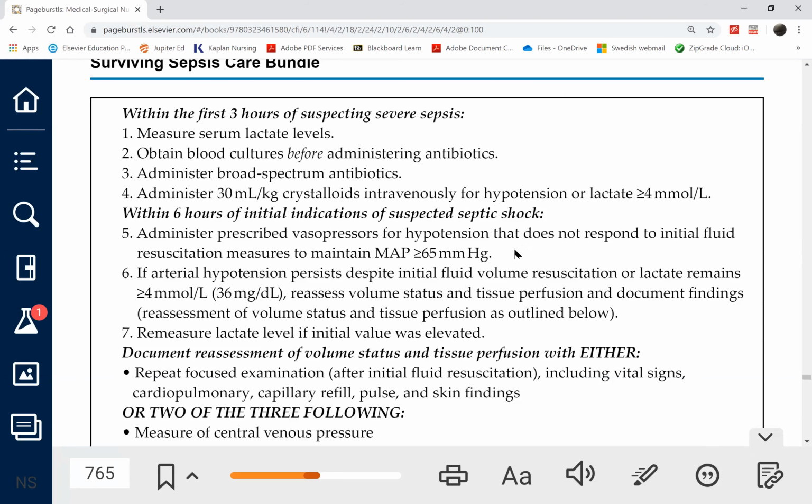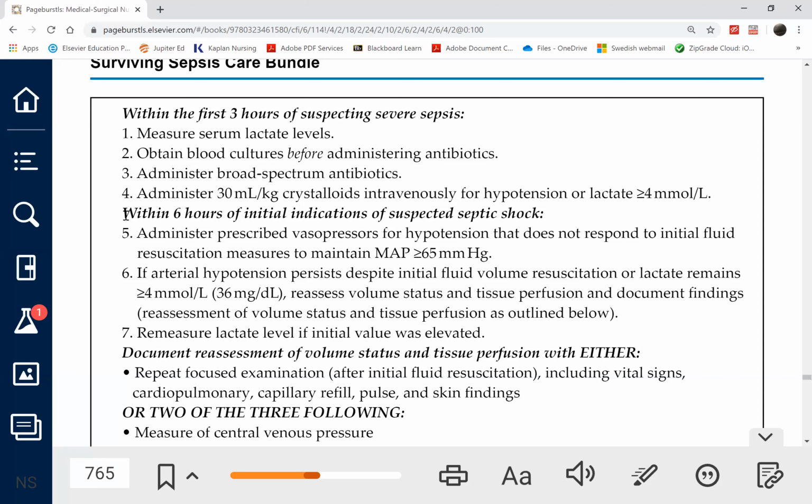What was the question, Joanna? Can they go into septic shock before 6 hours? Yes, you don't have to wait 6 hours. If you suspect septic shock already, obviously that's progression from severe sepsis to septic shock, and you don't have to wait 6 hours.